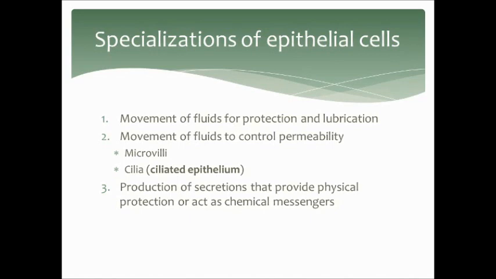Some have cilia, and at that point they're called a ciliated epithelium, to help move debris, such as in the respiratory system. And some are specialized to produce secretions that provide physical protection or act as chemical messengers, such as the glands.